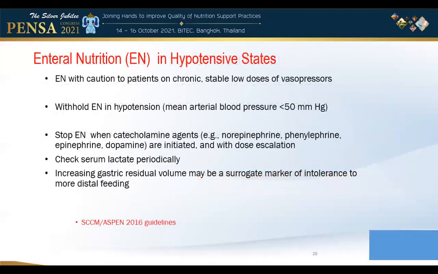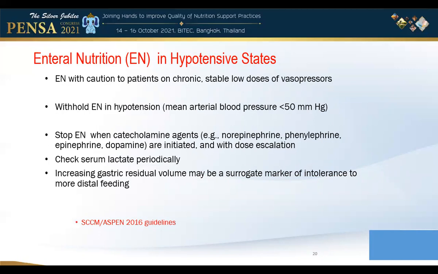What about enteral feeding with hypotension? Well, earlier we were more cautious, but now we know that if the mean arterial blood pressure is more than 50 millimeters mercury, it is safe to use enteral feeding. Now, when the catecholamine agents, which are listed on the slide, are initiated to improve the blood pressure and the doses are going up, then we should stop enteral feeding.